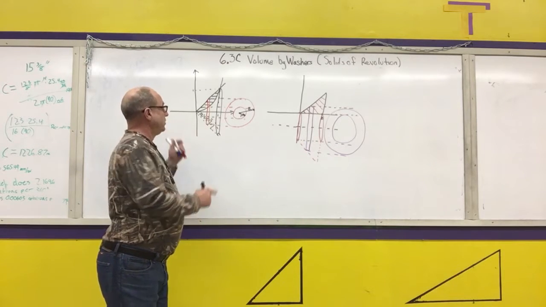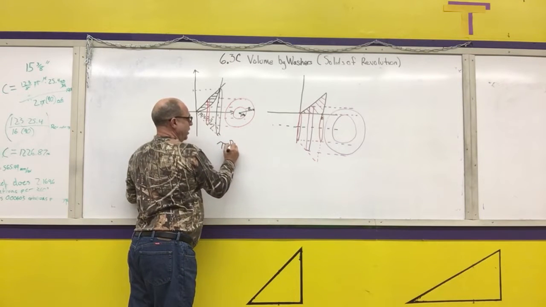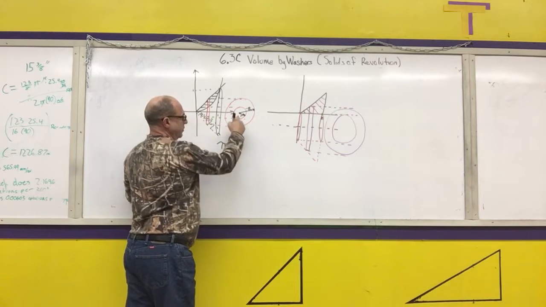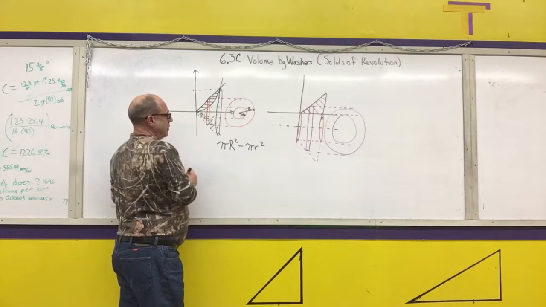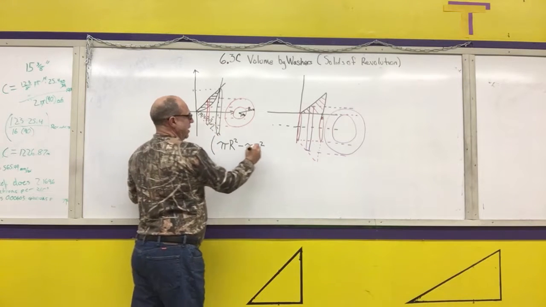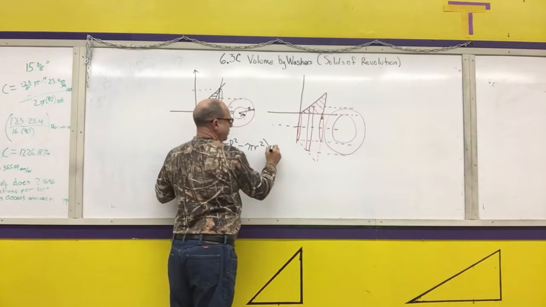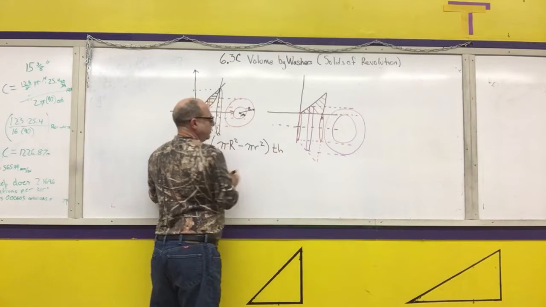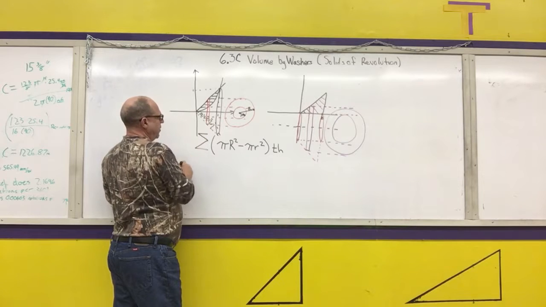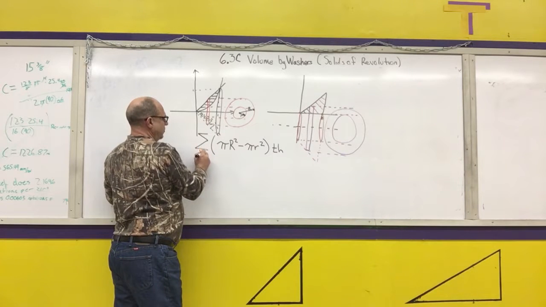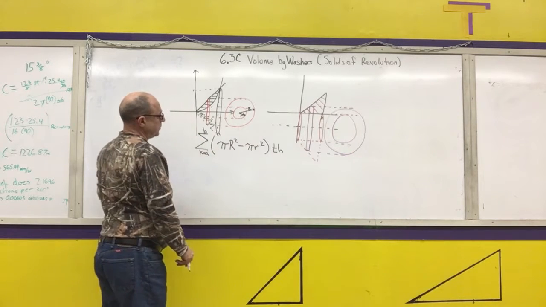So let's look at this. If I take the big area, which is pi big R squared, minus the little area, which is pi little r squared, and I sum it along my slice, and I'm just going to call this the thickness, th, and sum all of those up from k equals a to b, I will be able to figure that out.